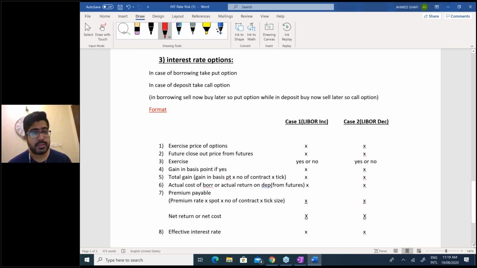Now in interest rate options, the first rule, the strategy. In case of borrowing, we take put option. In case of deposit, we take call option. Someone asked me what is the reason behind that. We just studied that in borrowing the strategy is sell now, buy later.